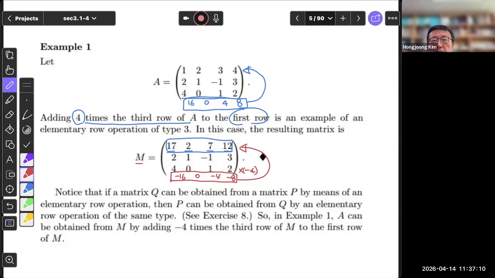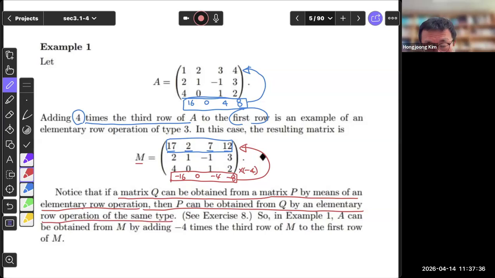So as I said, if any matrix is obtained from a certain matrix by means of an elementary row or column operation, then this P can be obtained from Q by an elementary row operation of the same type.